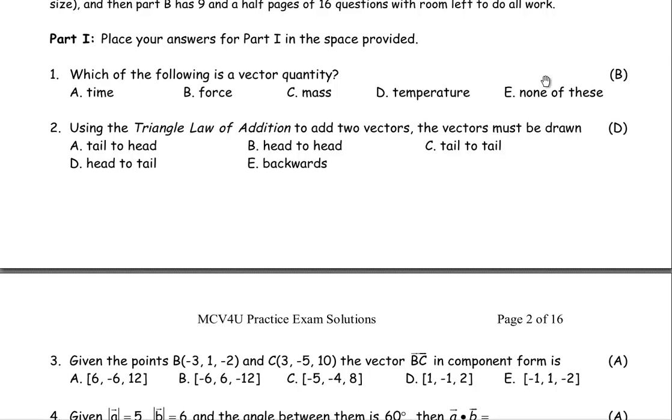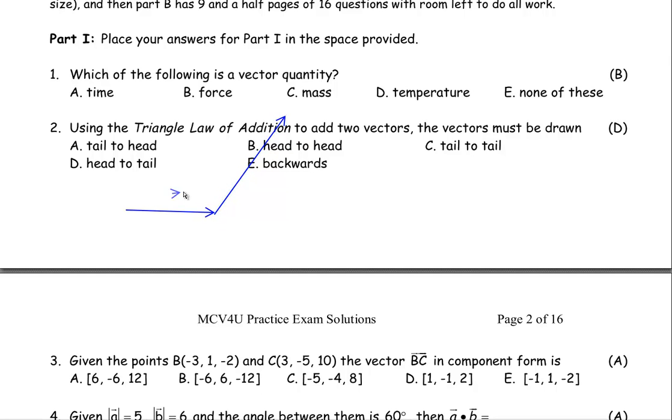Number 2, using the triangle law of addition to add two vectors, the vectors must be drawn head to tail. So that's the only correct way to draw them using triangle law of addition. It's kind of like where one vector ends, the next one begins. So when you start drawing them, if this is the first vector, to draw the second vector, you have to draw it so that the head, the tip, and the tail actually overlap here.